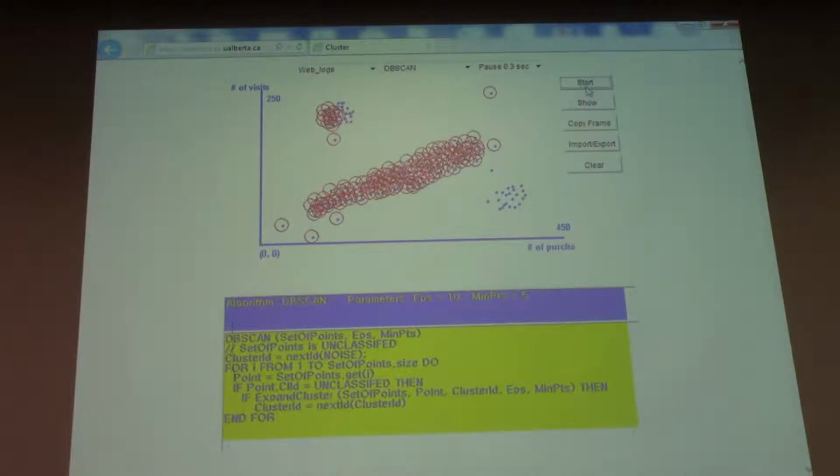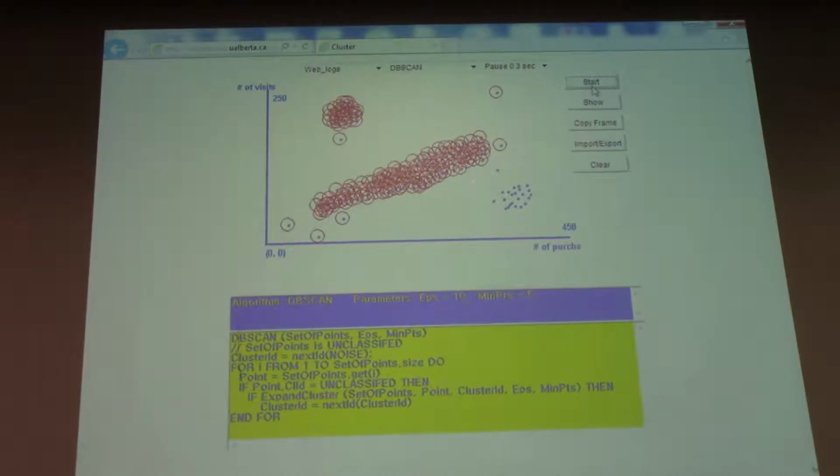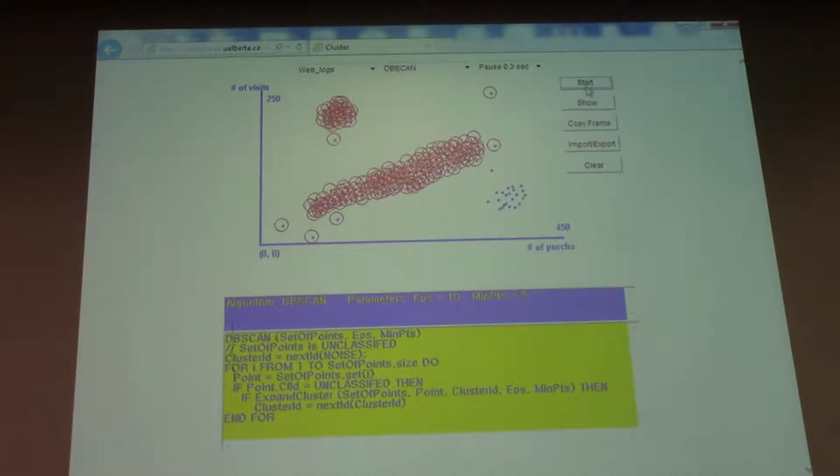Definitely this one and this one will not share the cluster. And move to here. Okay, then we will add the clustering.